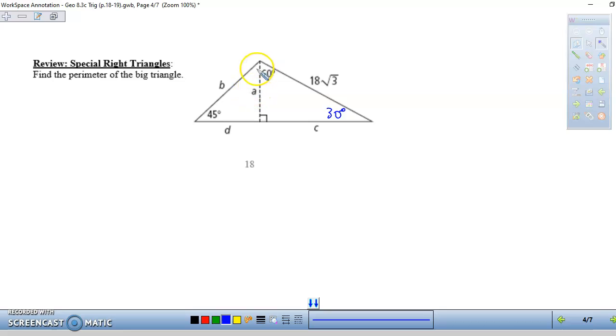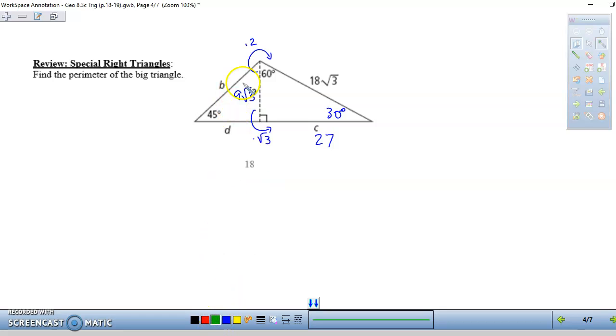Short side would have to be A. So this is going to be times 2, and this is going to be times root 3. So starting off with this triangle, 18 root 3, something times 2 is 18 root 3. So this is going to have to be 9 root 3. And then you take 9 root 3 times root 3. That is going to be basically 9 times 3, which is 27.